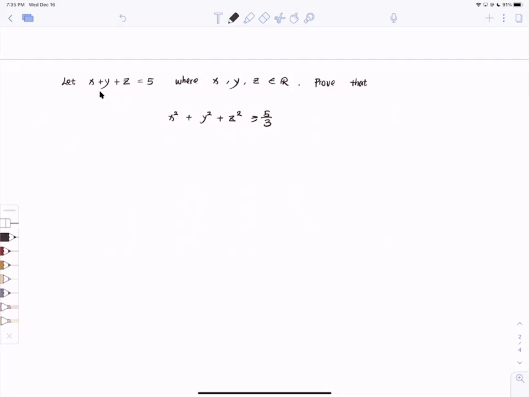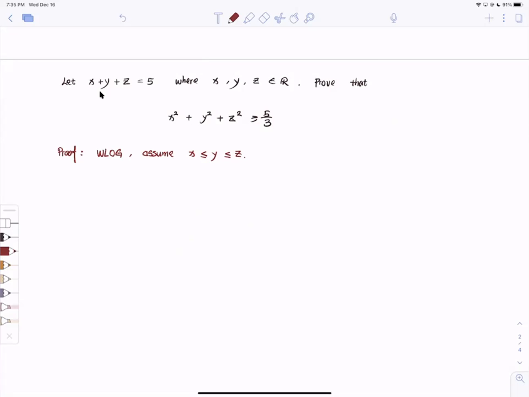Oh, I think we can do this. So suppose, so proof. Since it's 5 over 3, okay, suppose without loss of generality, assume that x is less than or equal to y, which is less than or equal to z.